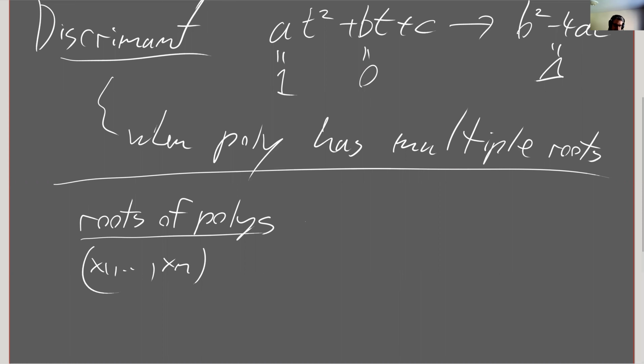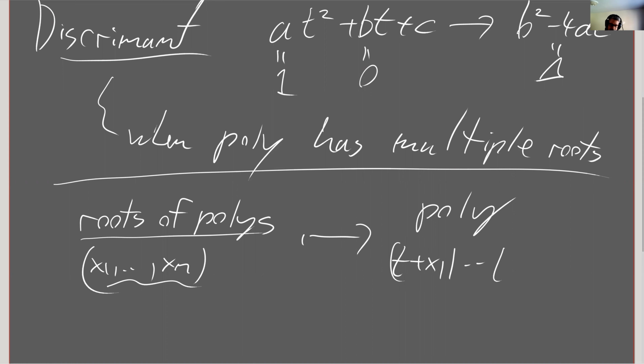These are going to map to a polynomial, the product of t plus x1 and so on. Well, maybe I should write minus, but it really won't matter much if I write minus or plus here. Oh yeah, I'm going to write plus. It just makes the next step easier.